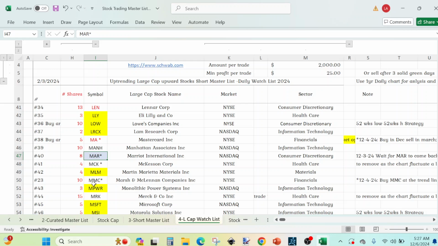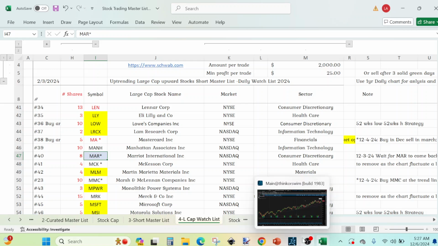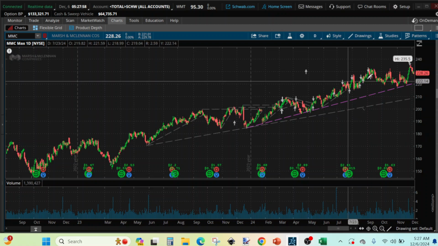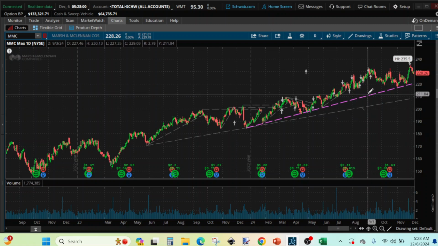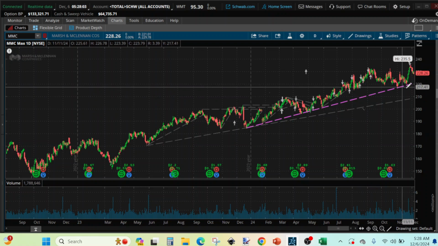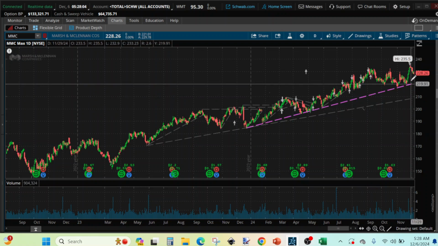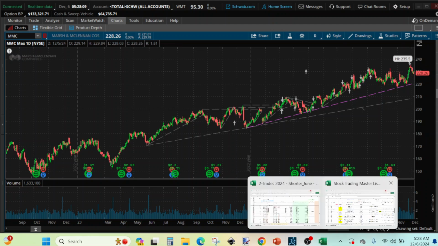But MMC, you can see that it's not moving too far away from its major trend line. Therefore, it's kind of easy for us to just make up our mind there.